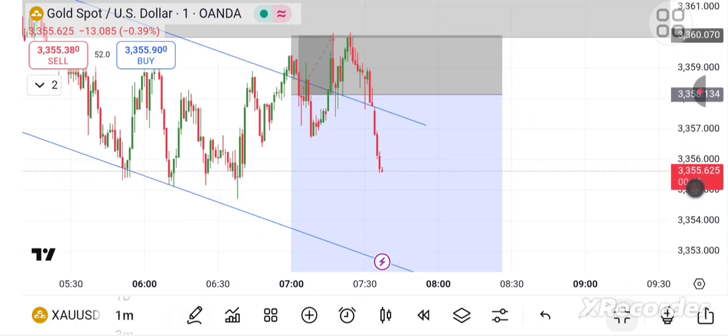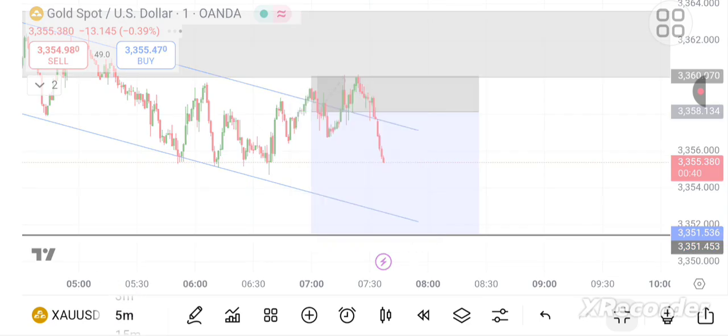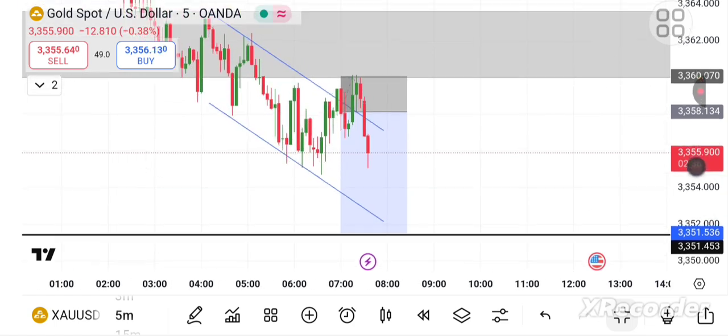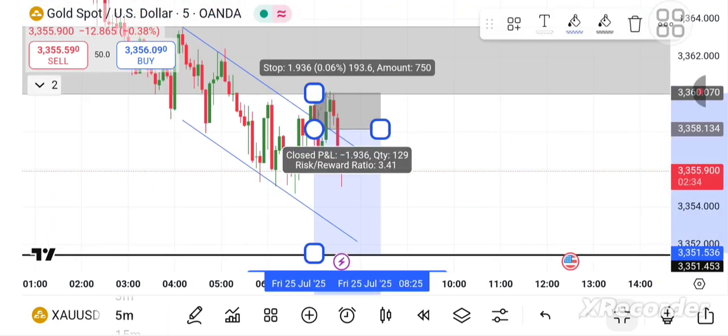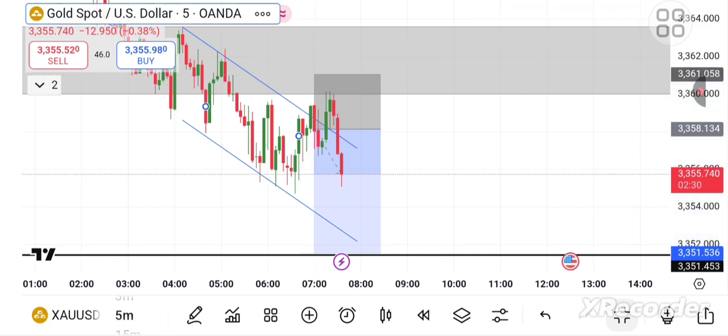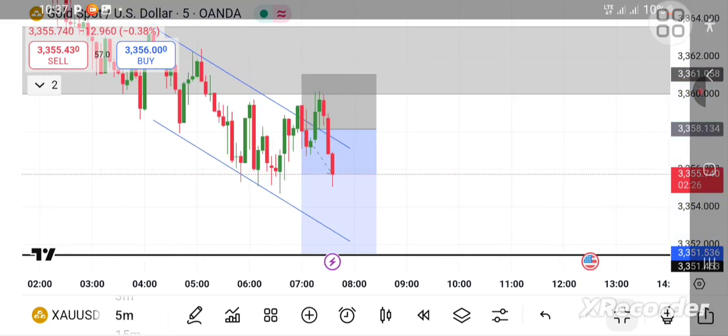So that was a loss, a morning loss. Then we are waiting for a recovery. If I would have extended my stop loss above right here, I would have been in profit. So price took me out.